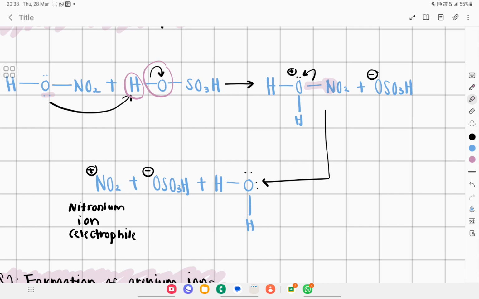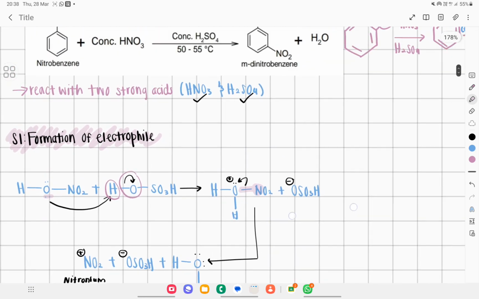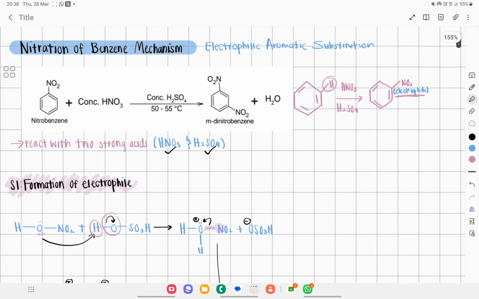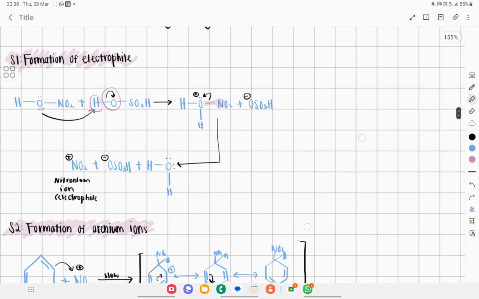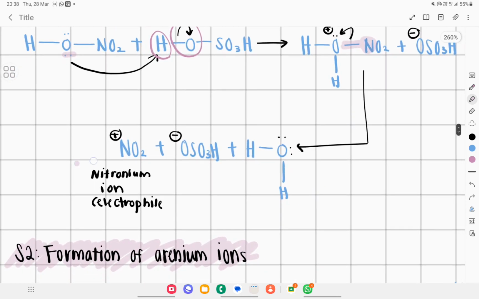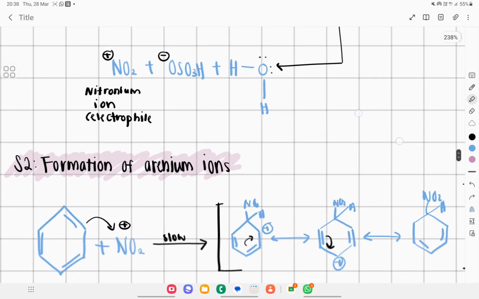The nitronium ion, which is an electrophile, is responsible for the electrophilic aromatic substitution reaction with benzene, which I mentioned earlier. So as you can see, the nitronium ion is the electrophile in this mechanism.